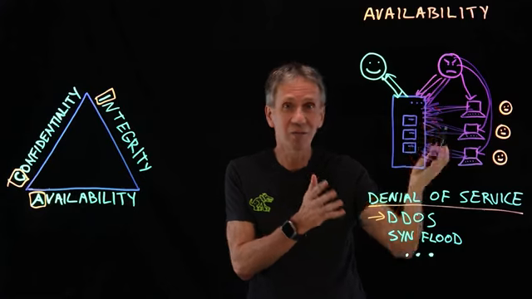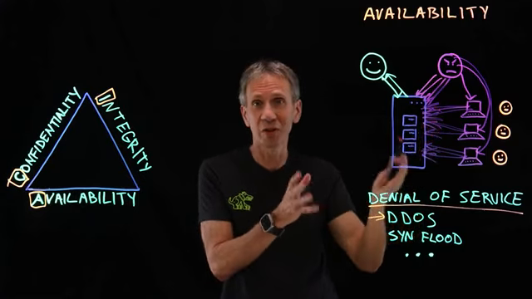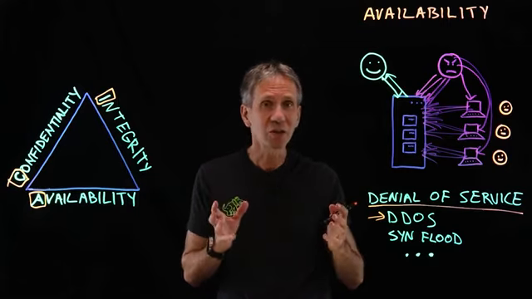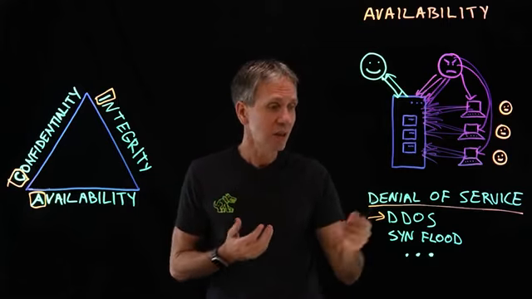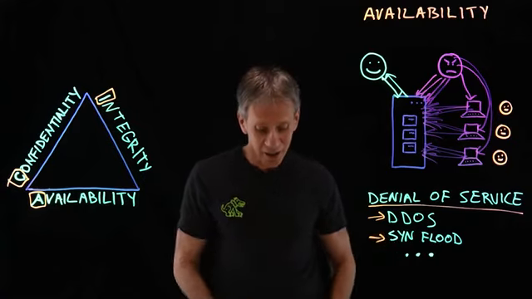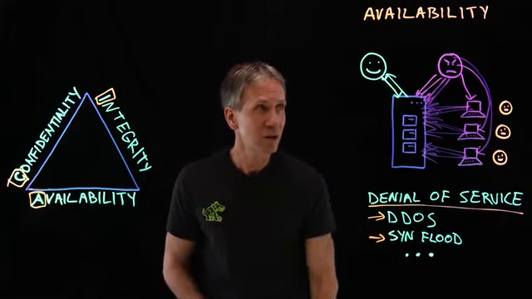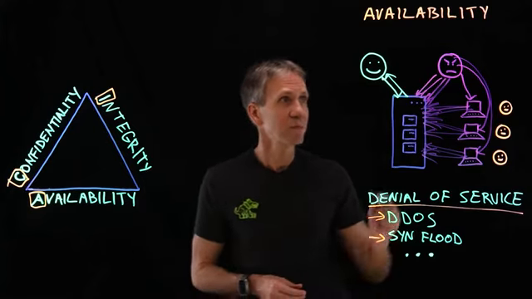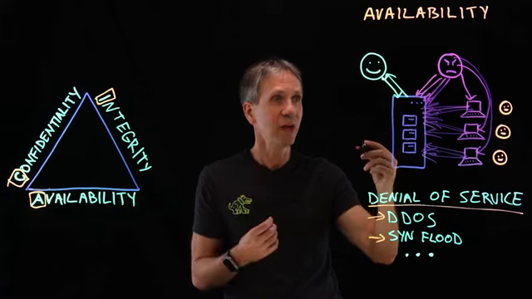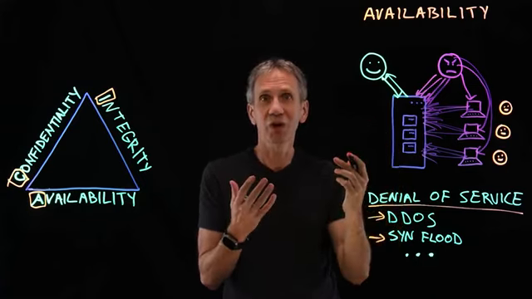Now, there's a lot of different variations on this. I just gave you the simple ones where it's just overwhelming amounts of traffic. In some cases, we use other techniques. Like one of the original of these was called a SYN flood. And in a SYN flood, what occurs is, in a normal TCP session setup, we have what's known as a three-way handshake.